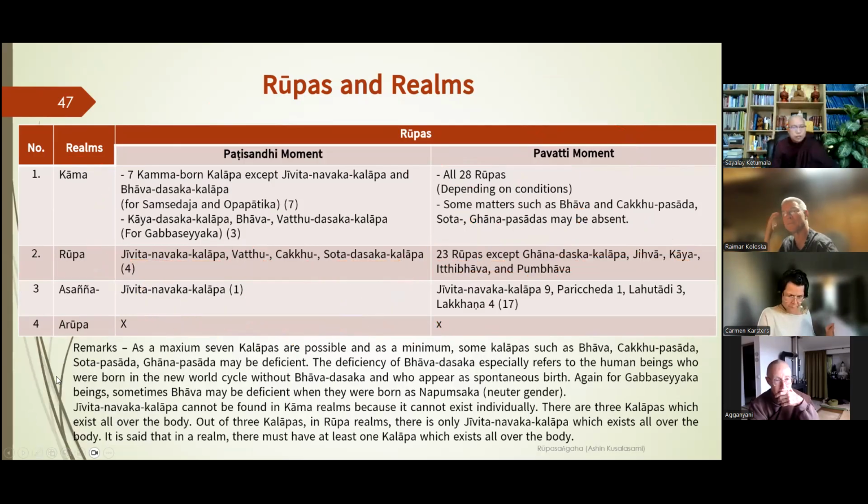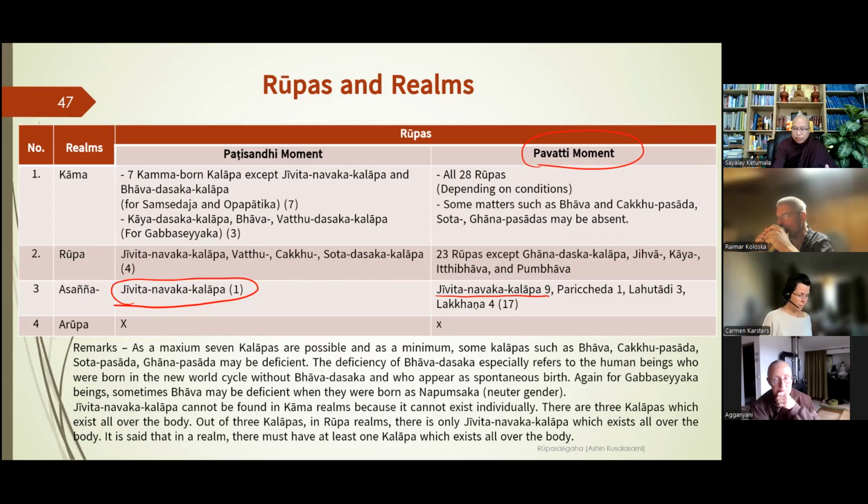For the Asanya Satta realm, mindless being, Jivita Navaka Kalapa only. At the moment of Bodhi, Jivita Navaka Kalapa, and 9 Rupa, and Pracheta Akasa, and Lahutadi Rupasa: Lahuta, Mududa, Kamanyata, and then Lakana 4. Altogether 17. So here too, Jivita Navaka Kalapa is 8 Awiniboga and Jivita.